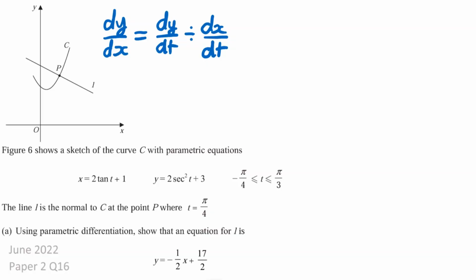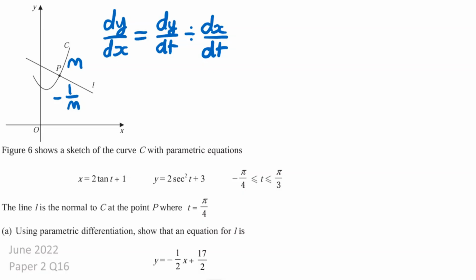We can get the gradient because we can figure out the gradient of the curve at this point P, which we'll call M, and then remember, because the normal is perpendicular to the curve at this point, the gradient is going to be the negative reciprocal of the gradient of the curve. And we can figure out the gradient of the curve here by finding dy over dx, and it tells us this in the question, by using parametric differentiation.